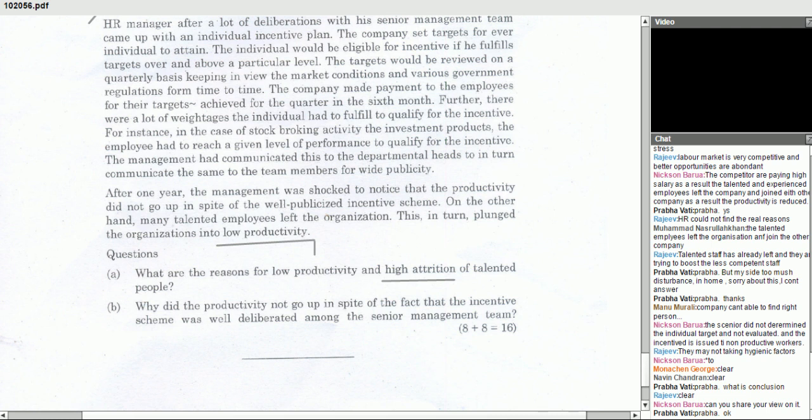Or the employee has to take a lot of stress to achieve that target, right? On the other hand, their competitors are giving them the joining salary without the obstacles of a performance-based incentive or achieving the target.